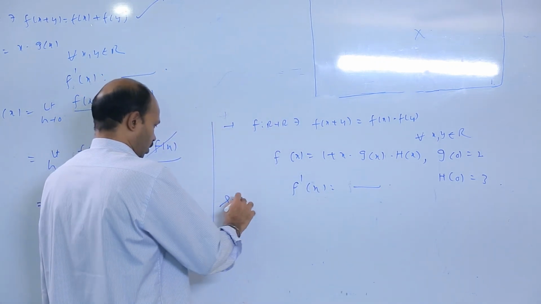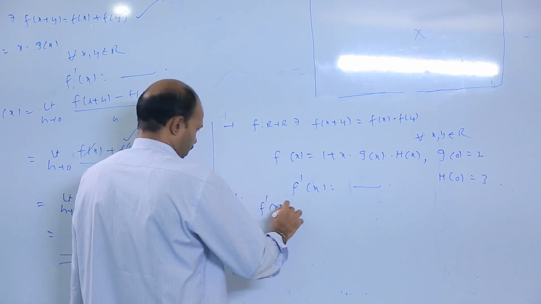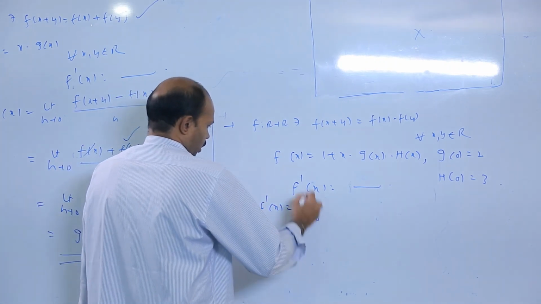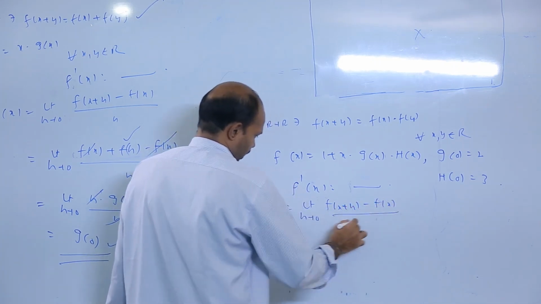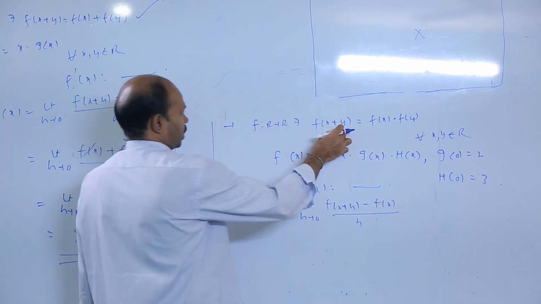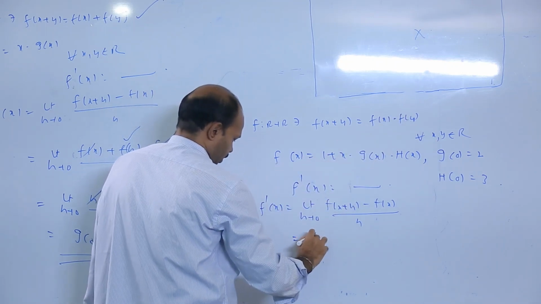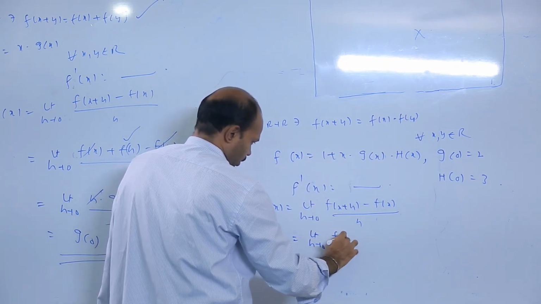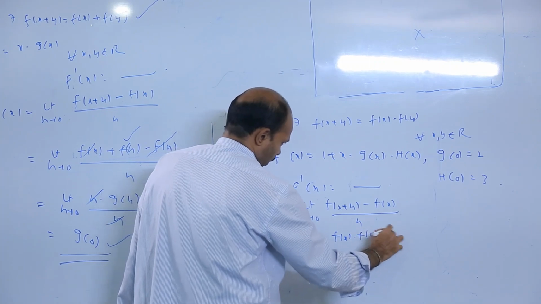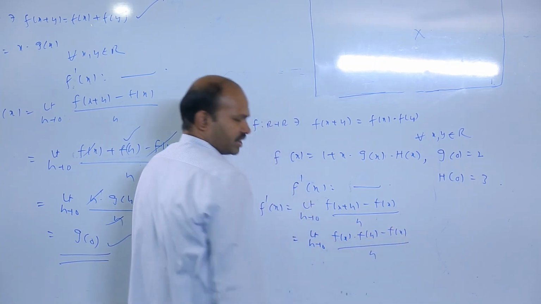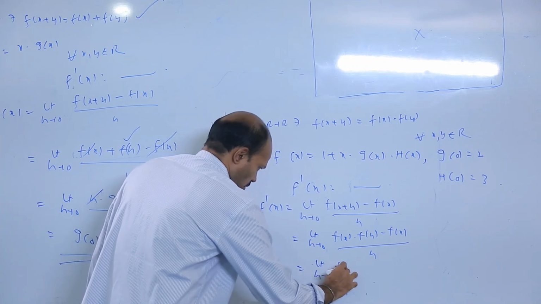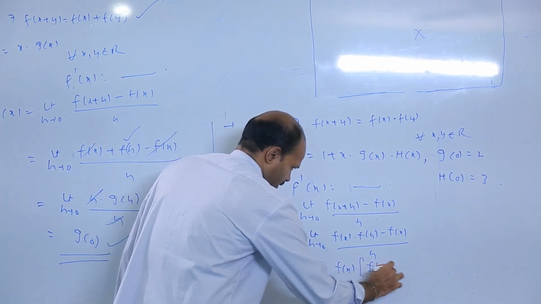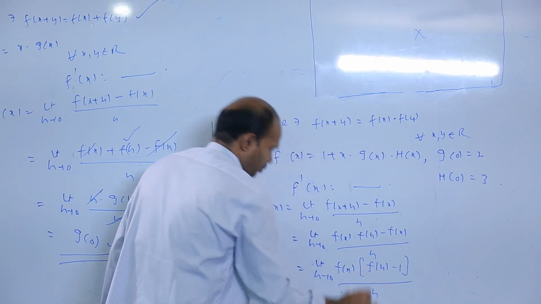Consider the formula of f'. f'(x) is equal to the limit as h tends to 0 of (f(x + h) - f(x))/h. What can x + h be written as? This is the limit h tends to 0 of (f(x) f(h) - f(x))/h. Take out f(x): limit h tends to 0 of f(x) times (f(h) - 1)/h.